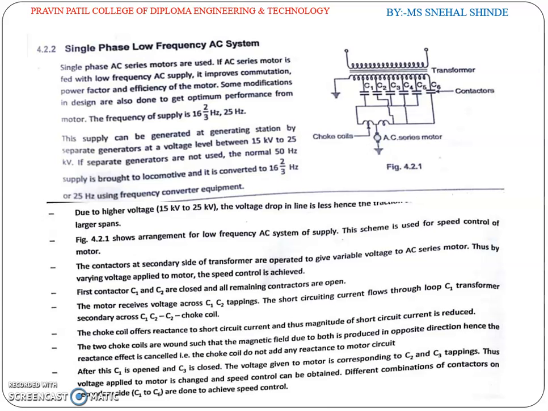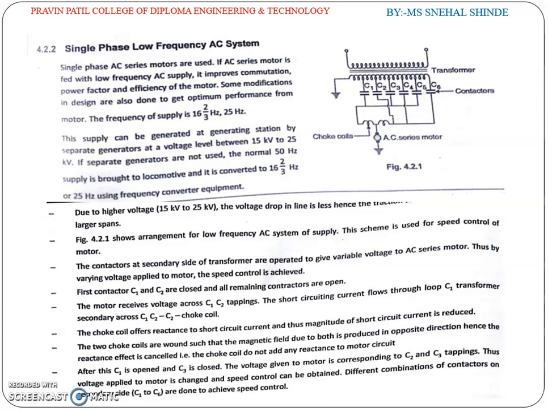First, contactors C1 and C2 are closed and all remaining contactors are open. The motor receives voltage across C1, C2 tappings.